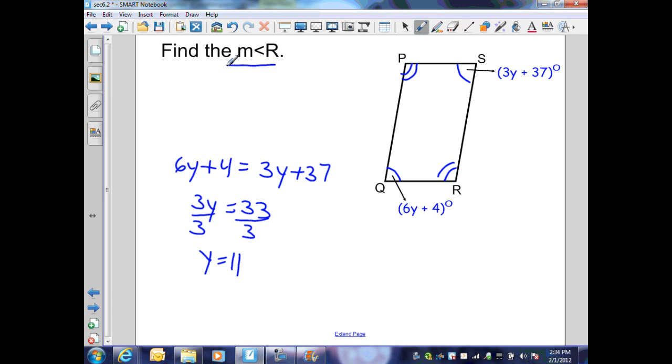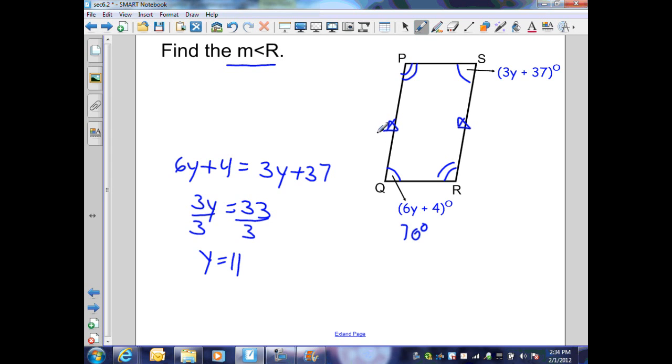Here they want us to find the measure of angle R, so I need to substitute to find our two known angles. So y is 11. When I substitute, 6 times 11 is 66. 66 plus 4 gives me 70 for the measure of angle Q and angle S. But since this is a parallelogram, by definition, opposite sides are parallel.